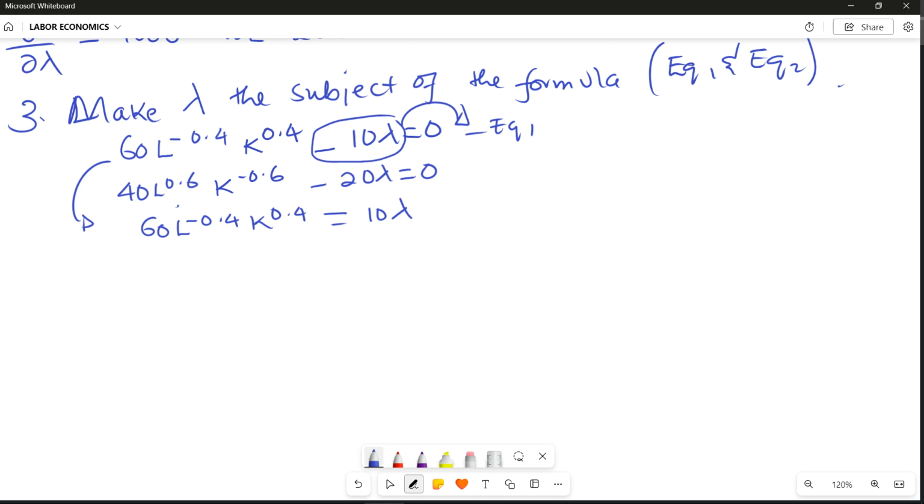So 10 will cancel on the right. There we've got lambda is equal to, now 60 divided by 10 is 6. So it's 6L to the power minus 0.4 capital to the power 0.4. So that's the first lambda there. We call that lambda 1. So lambda 1 is 6L to the power minus 0.4 K to the power 0.4. That is from equation 1.